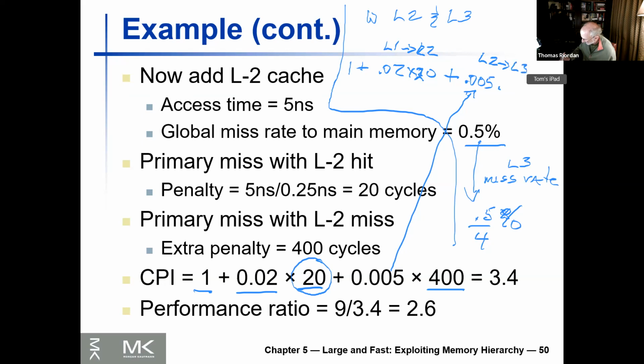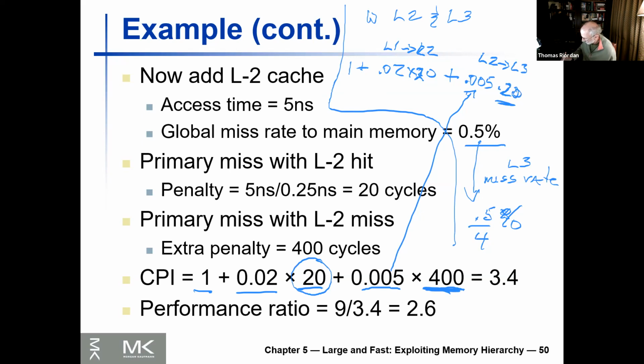And we're going to assume that number is still 20. So we still use the 0.005 because that's the miss rate out of the L2, but the miss penalty out of the L3 isn't the 400 anymore because we're not going off chip. We're going to the L3 cache. And so that miss penalty is 20.